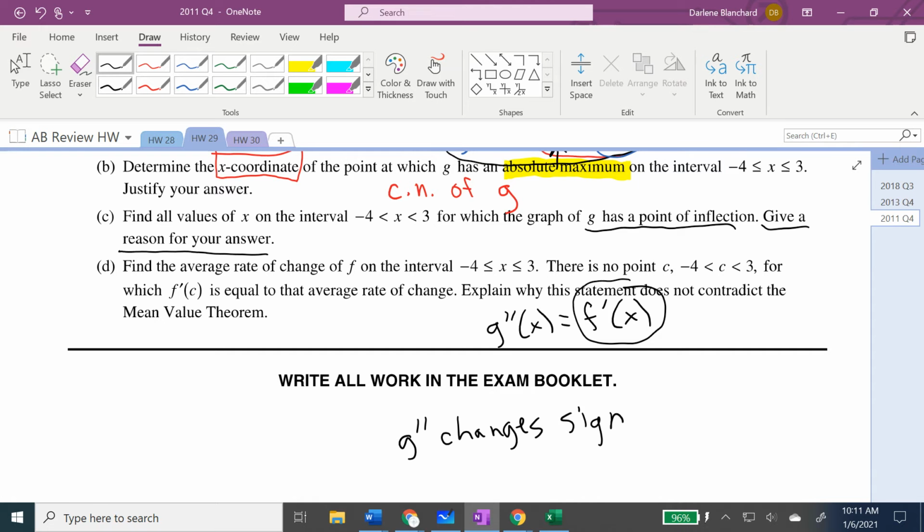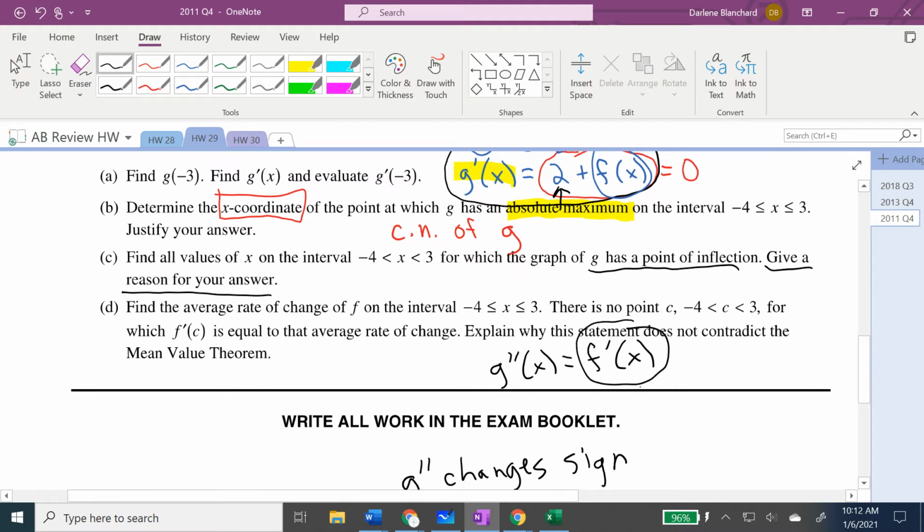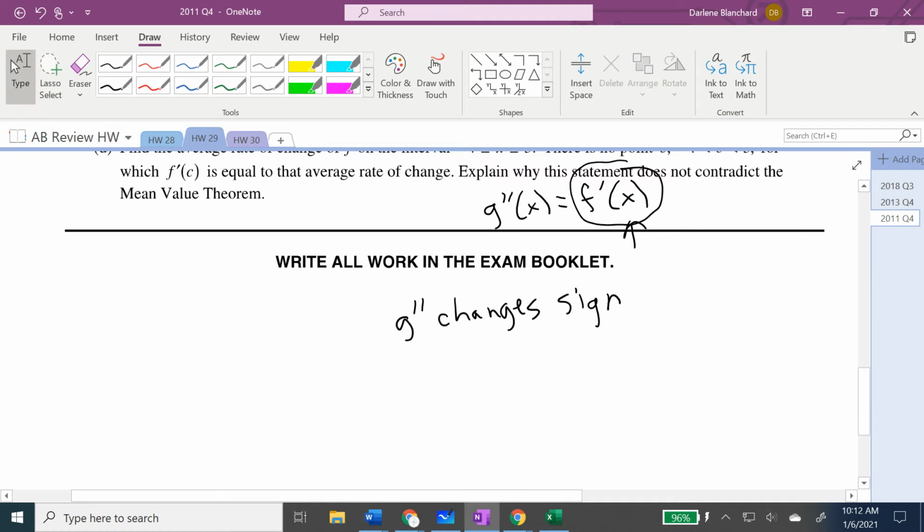I want to go to the graph and be very careful about who the graph is. The graph is for f, and I want to know if f prime goes through a sign change. Based on the graph, f prime will go through a sign change if f changes from increasing to decreasing or vice versa.